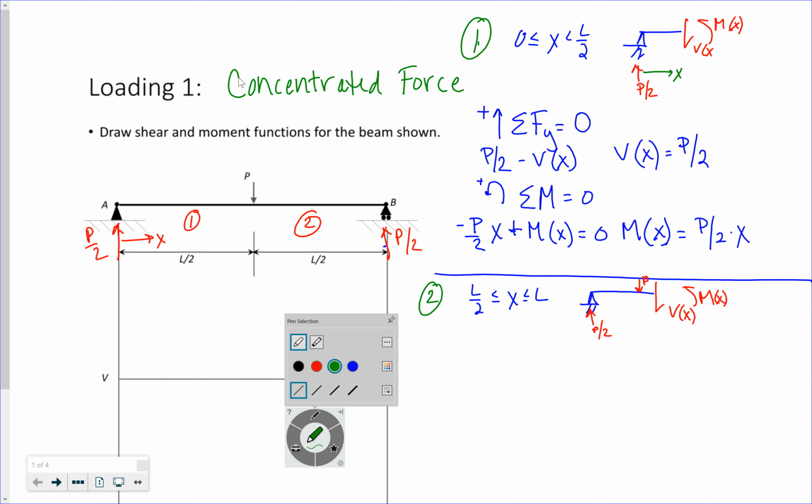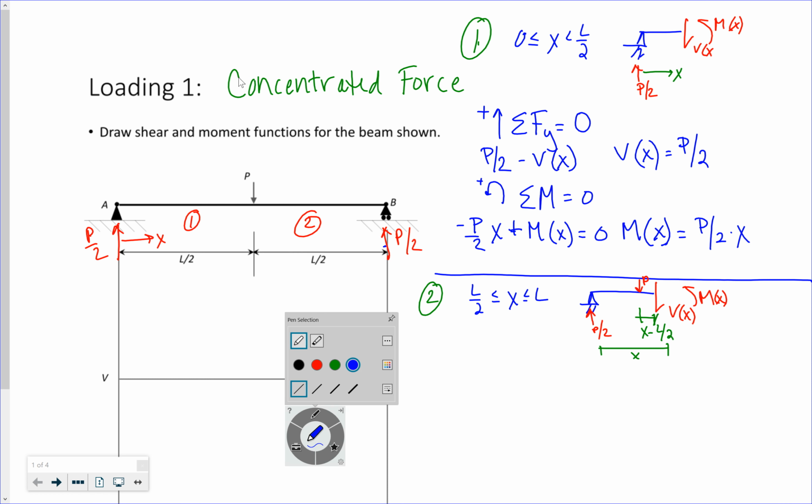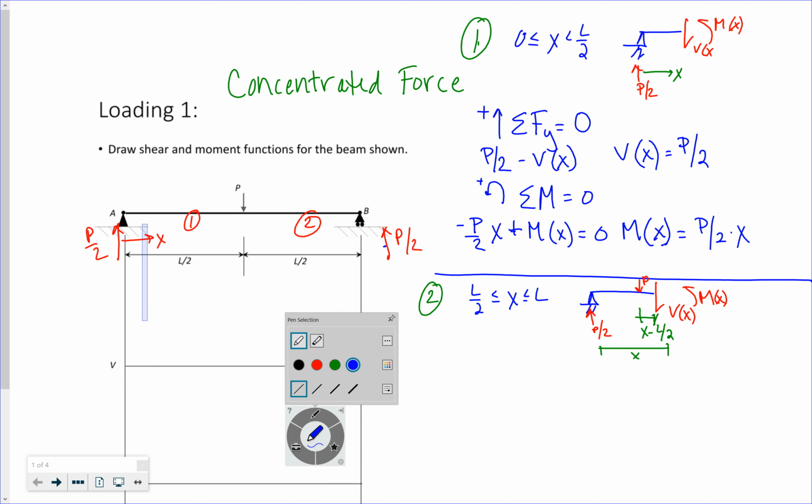And I can call out some dimensions, right? This would be x. This would be x minus L over 2. Oh, I can move stuff. That's fun. Okay.